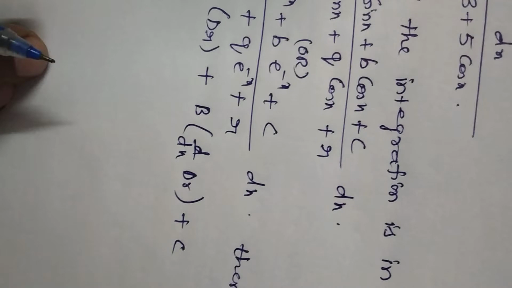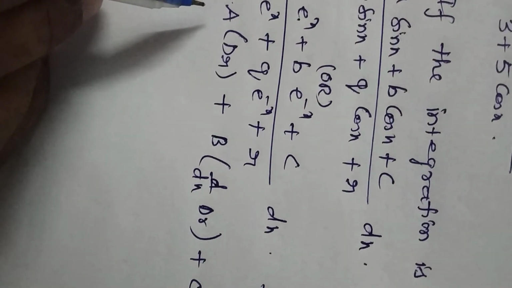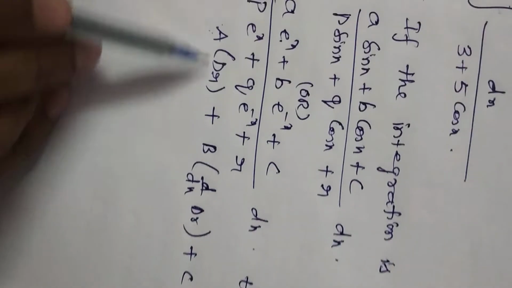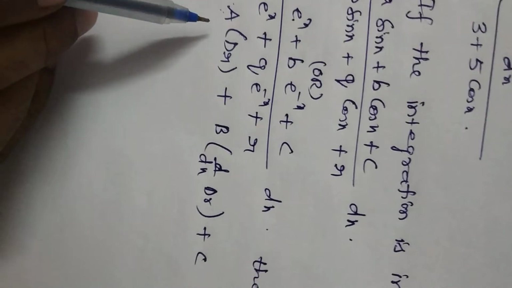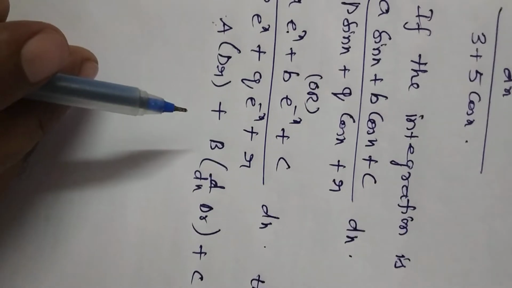Then evaluate the integration. Here we did this model in the earlier problems, but there is a slight difference. Here we need to find the values of a, b, c by comparing the coefficients. Then only we can integrate this.